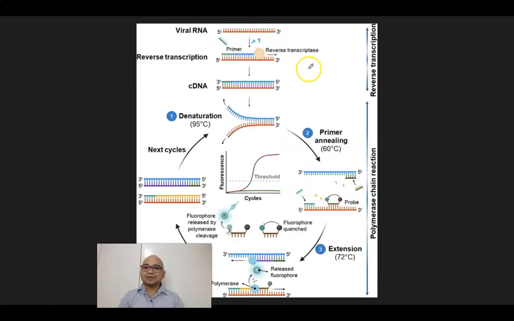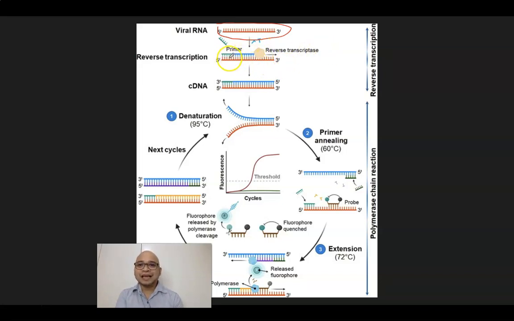Okay, so as you can see here, this is the RNA of the virus. Viral RNA is not double-stranded, so it is single-stranded. Okay, so the reverse transcriptase enzyme would be responsible for reverse transcription.